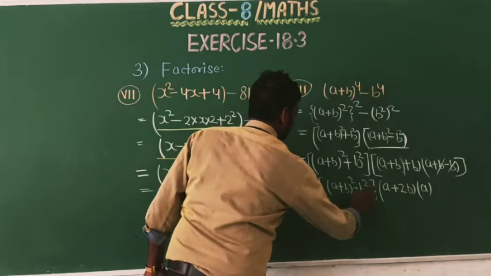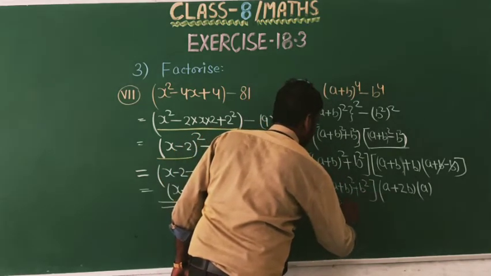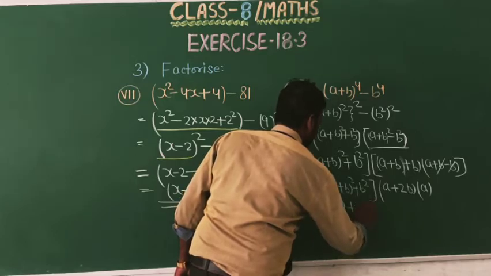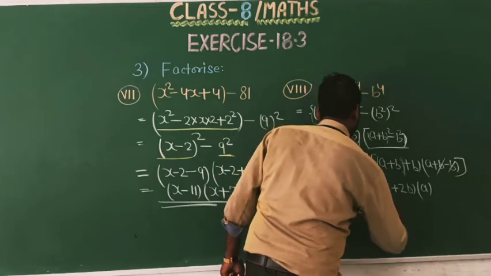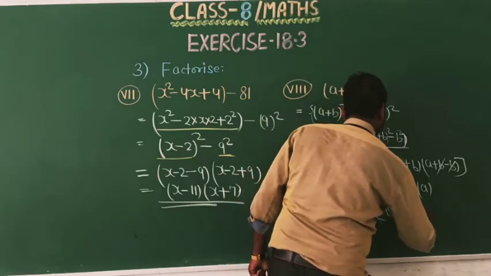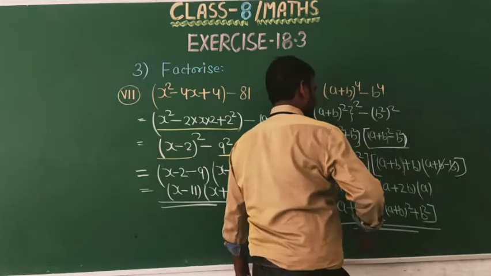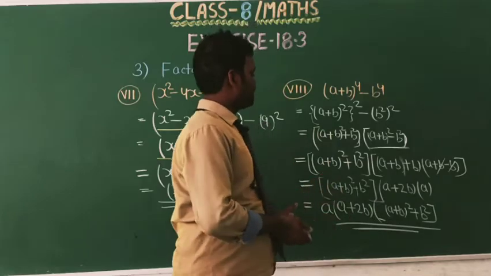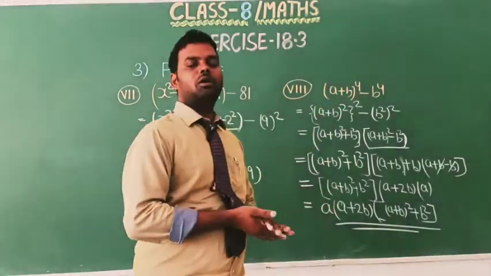Okay, so this can be written as a times (a plus 2b) and ((a plus b) whole square plus b square). Okay, children, so this is the required answer for (a plus b) to power 4 minus b to power 4.